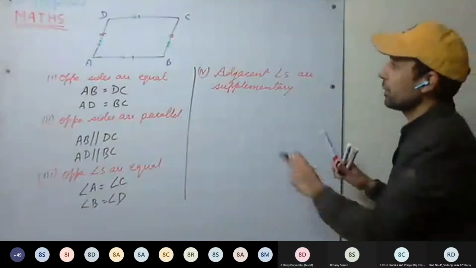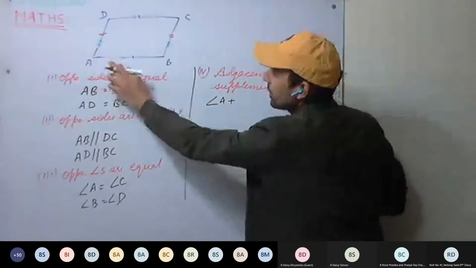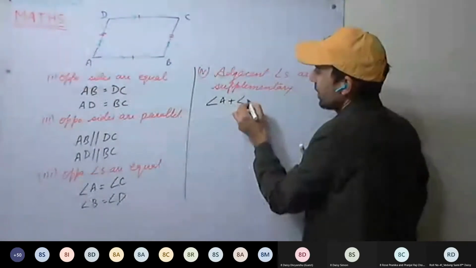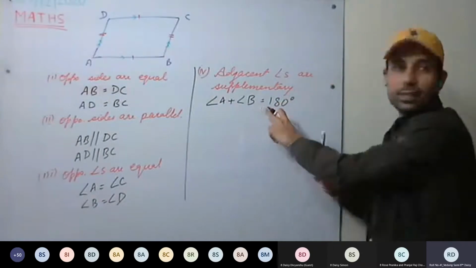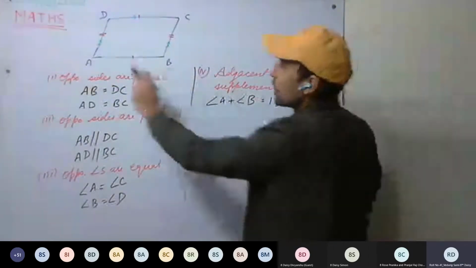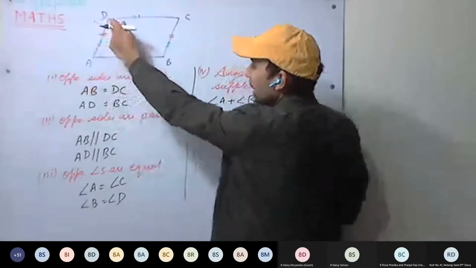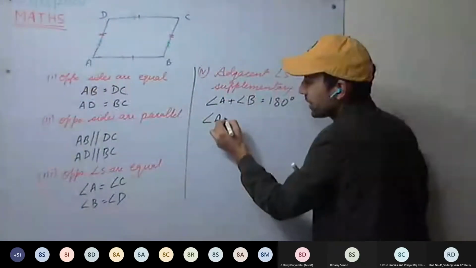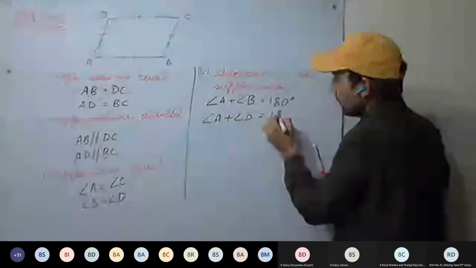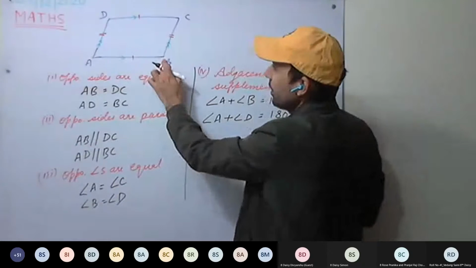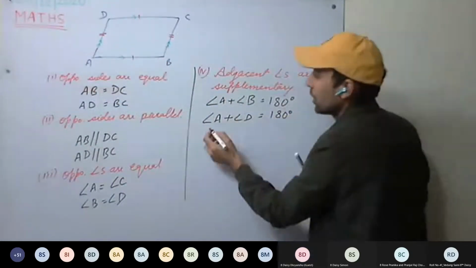So how can we write it? Angle A plus angle B equals 180 degrees. Or we can write angle A plus angle D, as they are also adjacent, equals 180 degrees.